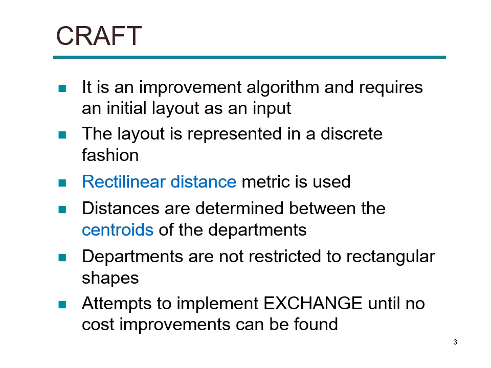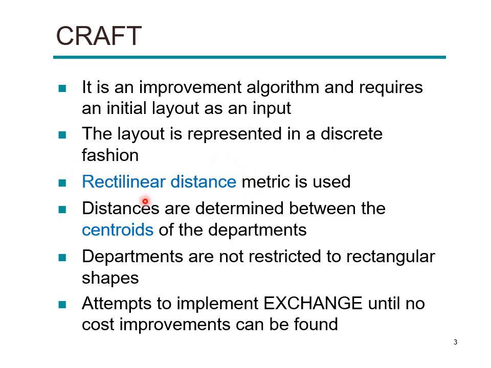CRAFT is an improvement algorithm. It means that it starts with an initial layout and tries to improve it. The layout is represented with unit square areas, and to the computer it's given as a matrix of numbers.